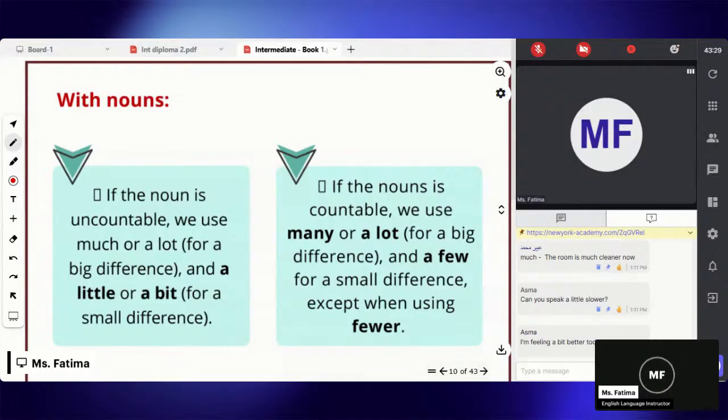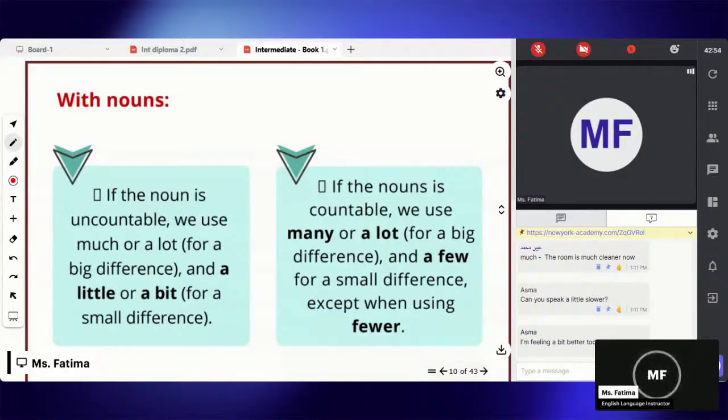Whereas with countable nouns, we use few for a small difference. So we say few people, few ideas, few books, few rooms, houses, few cars, few things.